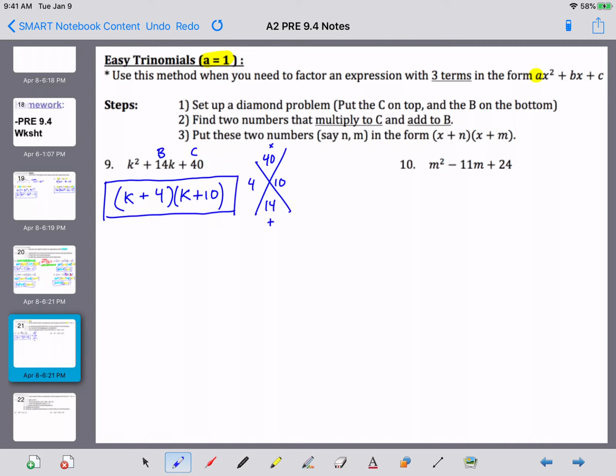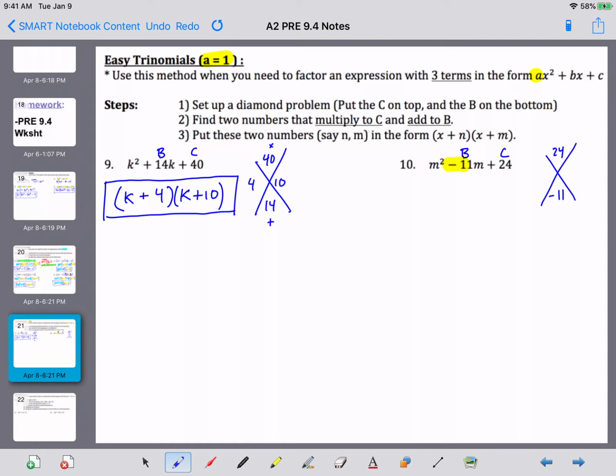Okay, let's try another one. This one's got a negative in it, but we put c in the top and b in the bottom. Now make sure you recognize that this negative goes with that 11, so that's very important.